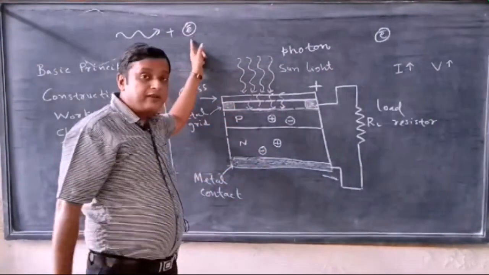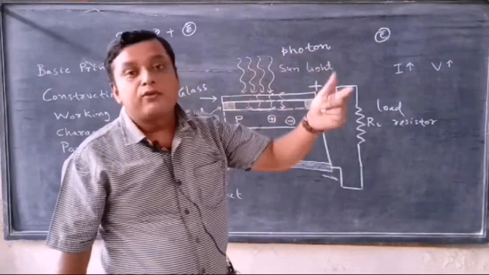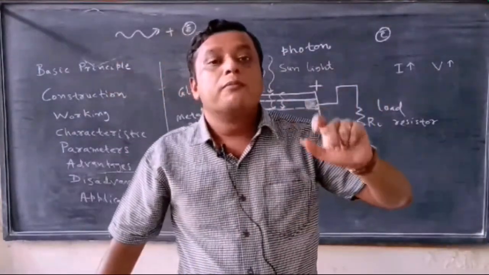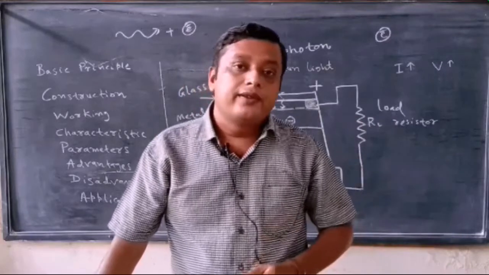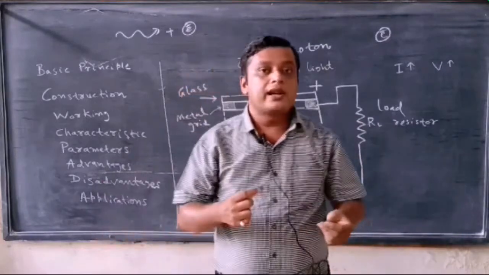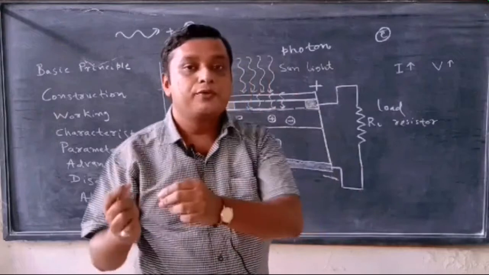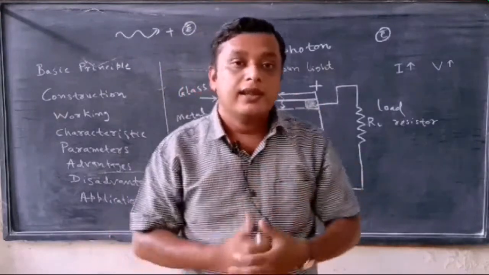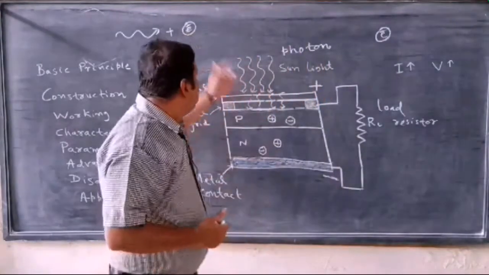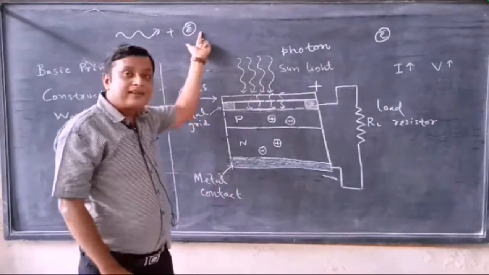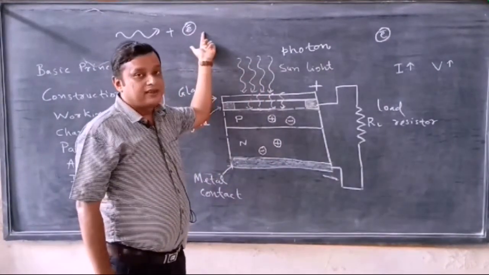Why is this a bound electron? Electron means negative charge, holes have positive charge, and we know that negative charge is always attracted towards the positive charge, or positive charge is always attracted towards the negative charge. So these two are attracting each other.